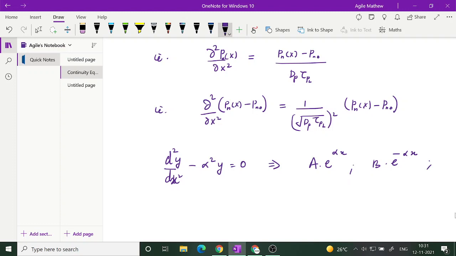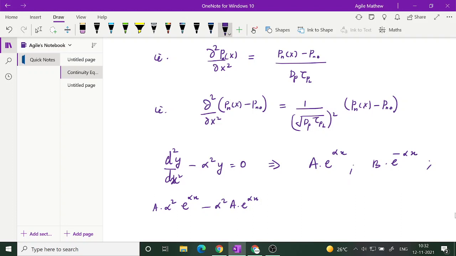Okay, we can verify this. You substitute in any of the solutions. I am substituting the first solution. If you take the first derivative, alpha will come out. Taking the derivative again, a is a constant, you pull it outside of the differential, and e raised to alpha x, you take the derivative two times, you will get alpha square times e raised to alpha x. The other term is basically alpha square into a e raised to alpha x.